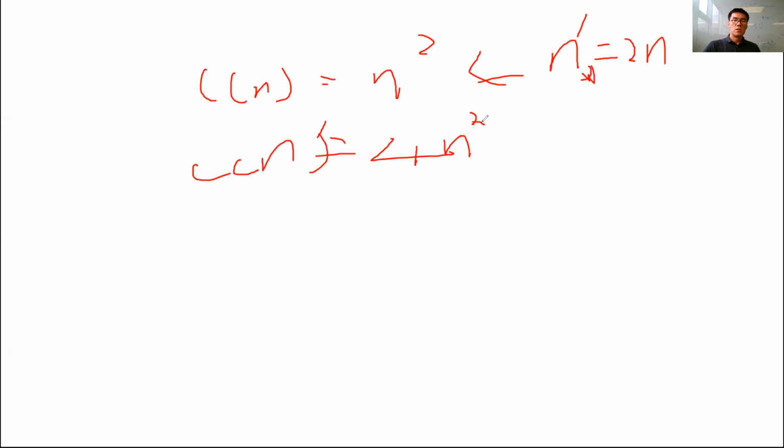So as you can see, there is also a quadratic increase of problems.